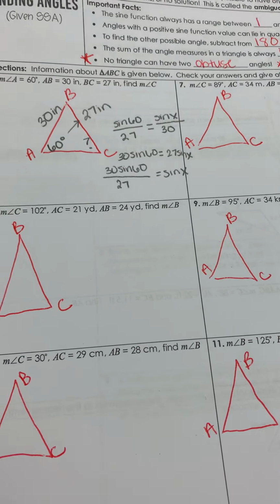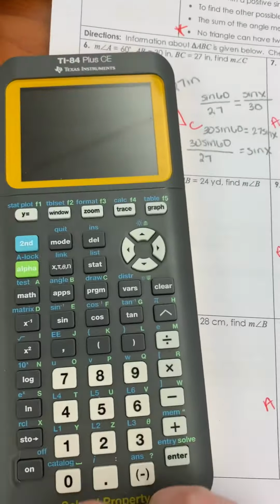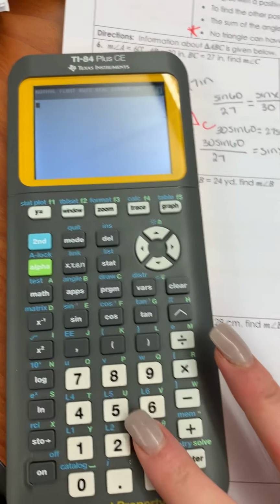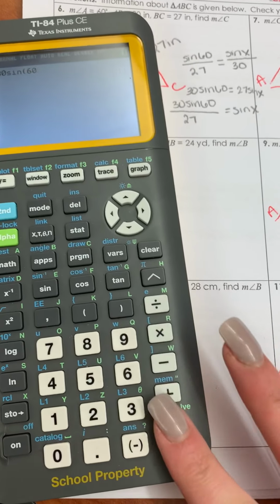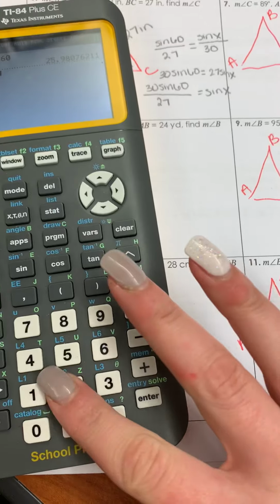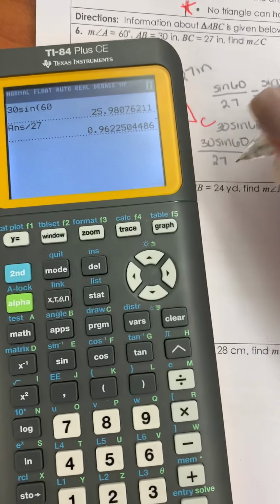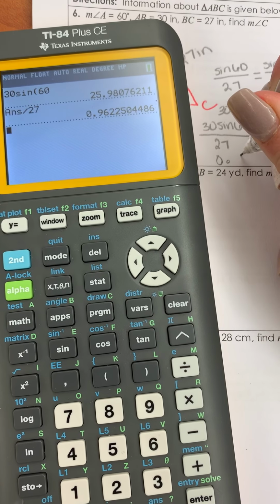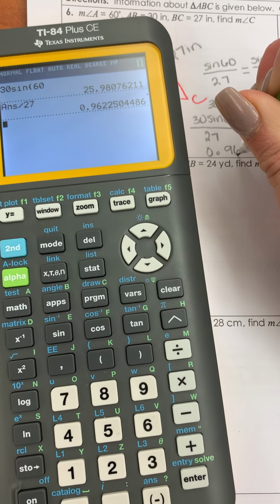At this point, we don't know what this stuff is, so we're going to put it in our calculator. 30 sine of 60 divided by 27. I'm going to do that side first. So I know that this side is 0.9624.